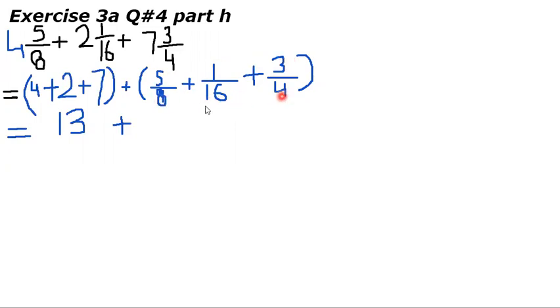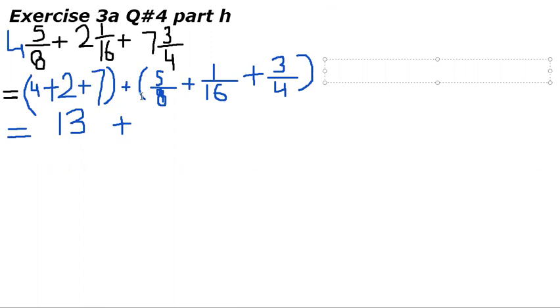By taking the LCM of 8, 16 and 4. The LCM of 8, 16 and 4 is 16. If you don't know how to take the LCM, you should watch my videos of chapter 2 in which we have done a lot of questions and a lot of exercises on how to find the LCM.